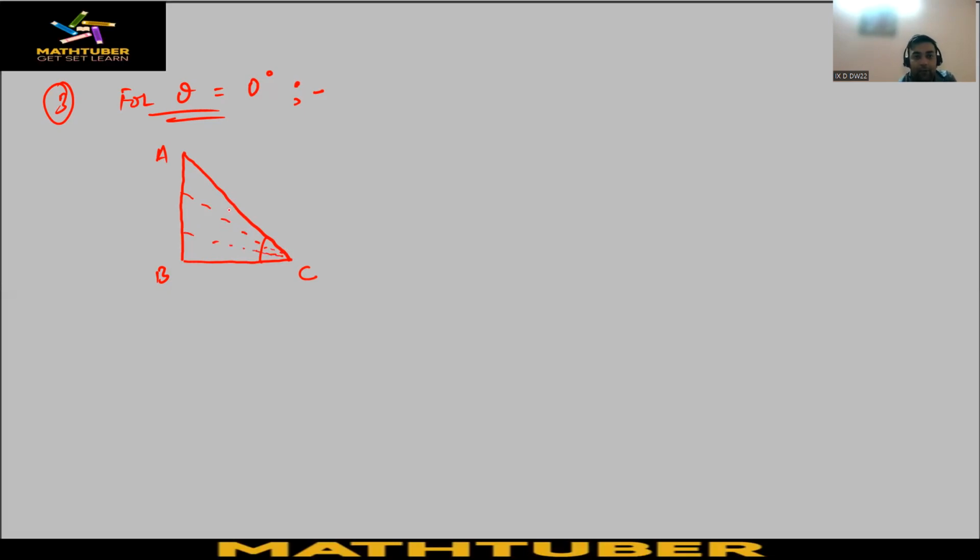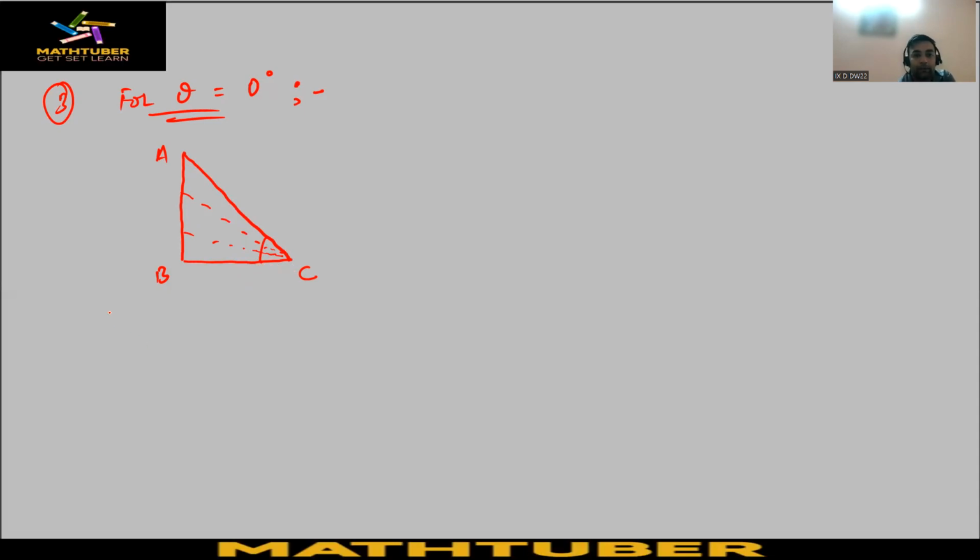So if the hypotenuse comes over this BC, which means base, then the angle C will become 0 degree here, right?